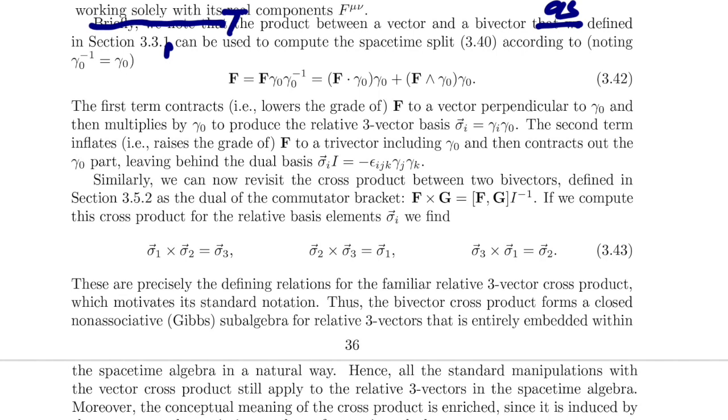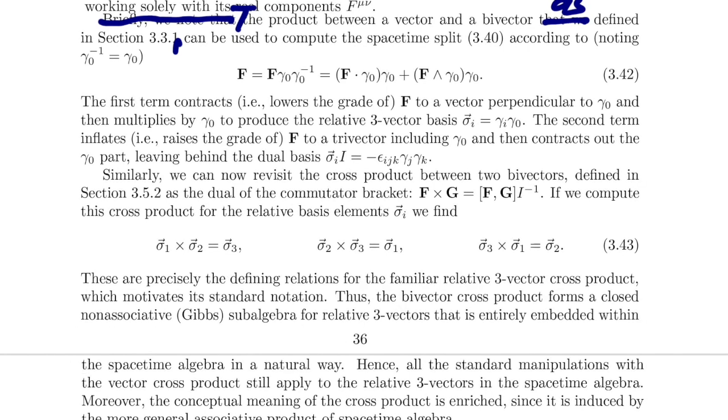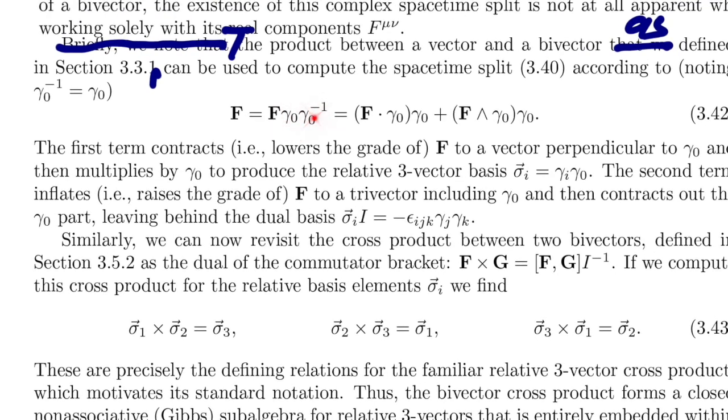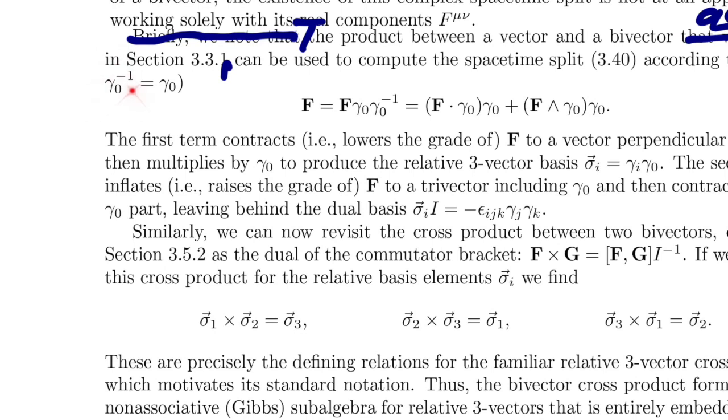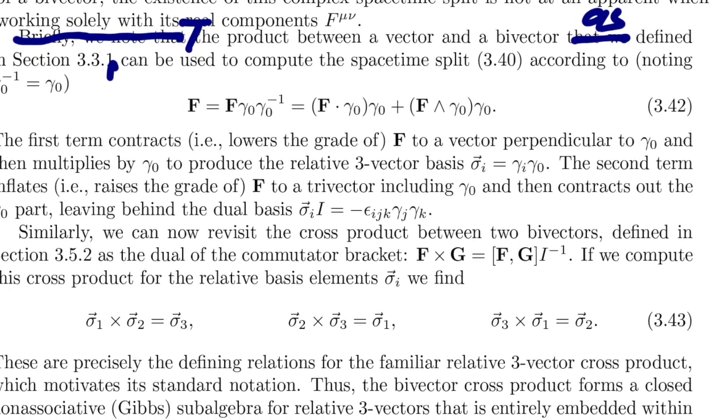So we're trying to compute the spacetime split. We have an arbitrary bivector F, and we note this obvious fact that bivector F times gamma 0 inverse makes no change here. We also note that gamma 0 is its own inverse, because gamma 0 squared is 1, whereas all the others square to minus 1.